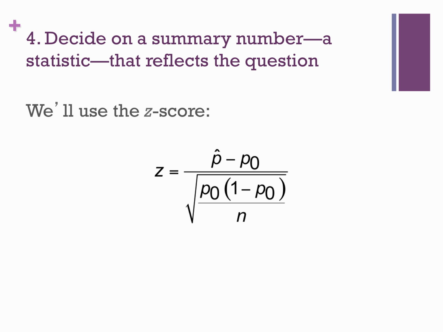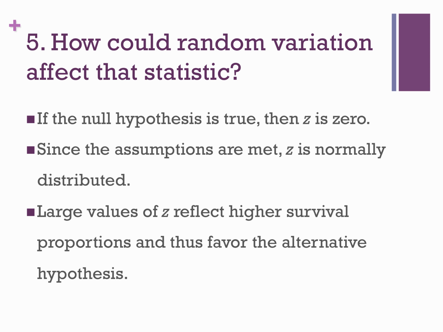So if our observed statistic is the same as our null statistic, our numerator will be 0, and therefore our z-score will be 0. Since our assumptions in step 2 are met, we know z is normally distributed. Large values of z, or small p-values, are going to favor the alternative hypothesis.